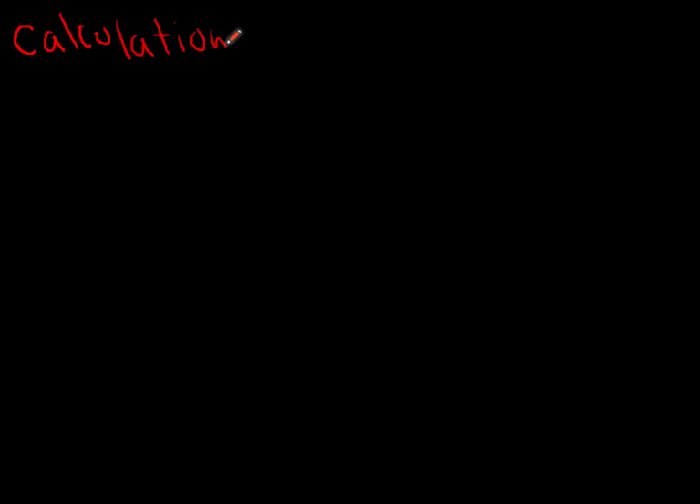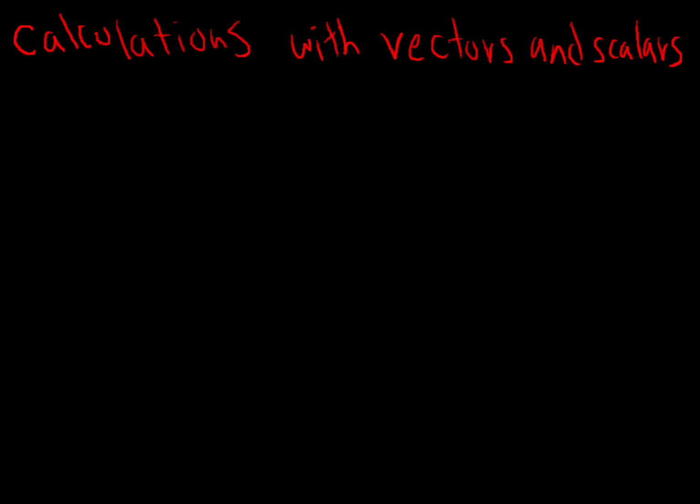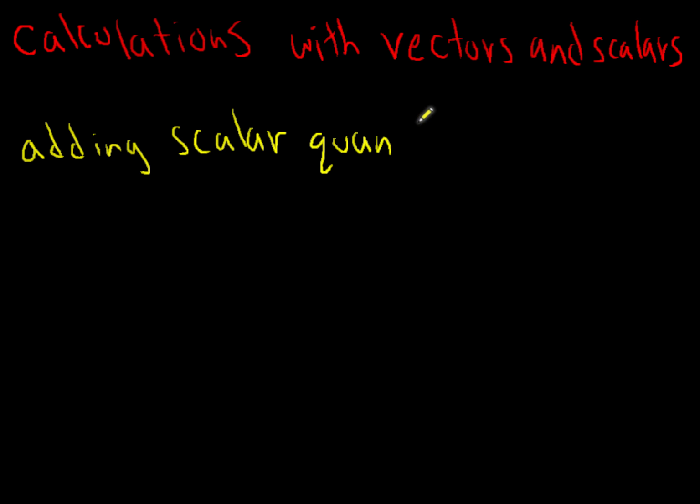Calculations with vectors and scalars use different techniques. If you have a vector, you have to do one kind of addition technique, and if you have a scalar, you do the other. Adding scalar quantities together is actually quite easy. It requires no new skills.